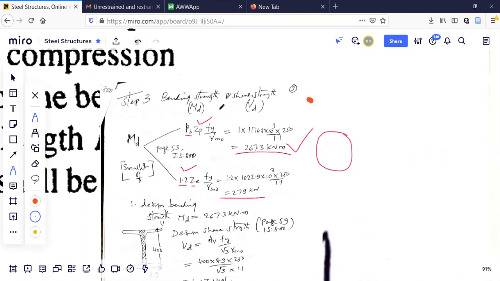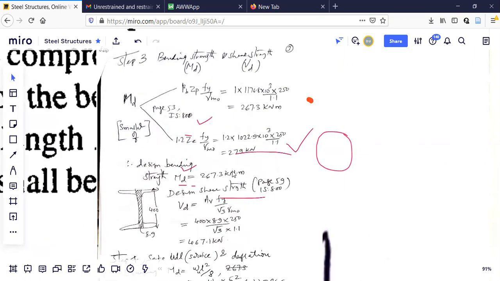Bending strength is nothing but moment of resistance. So whatever UDL you apply, when you calculate wL square by 8 with that load, it should not be more than 267.3 kilonewton meter. That is the maximum bending strength of the material.